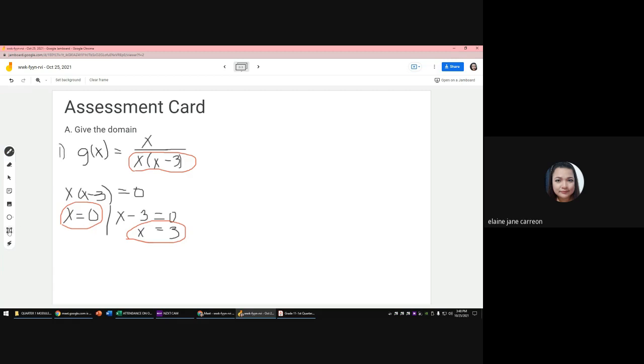Therefore, for our domain, we can conclude that for all values of x, element of real numbers, such that x, o dalawa ha, is not equal to, the first one is 0, and the second one is x cannot be equal to positive 3.